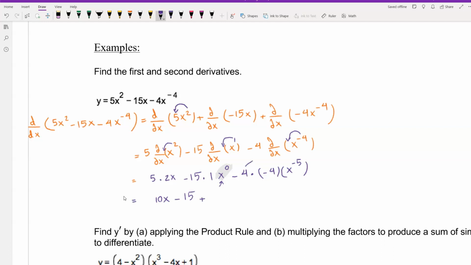Plus negative 4 times negative 4 is positive 16. And here power is negative 5. So this is final answer for first derivative.